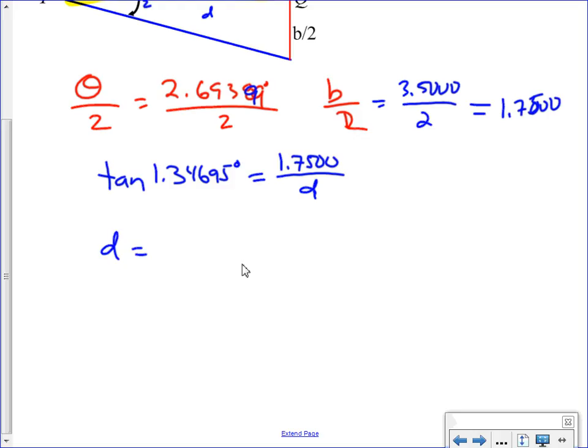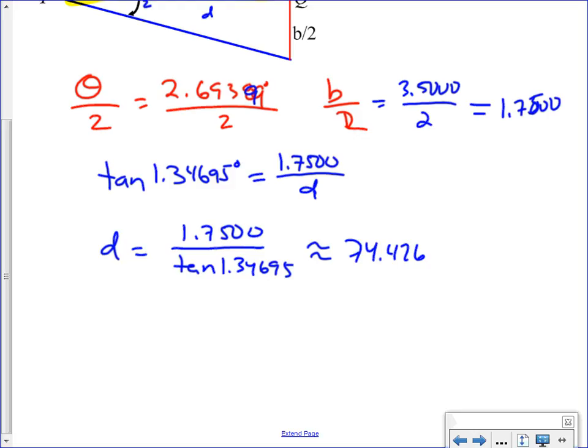So D is equal to 1.7500 divided by tan 1.34695. And it looks like we need 4 decimal places. So it's about 74.4268.